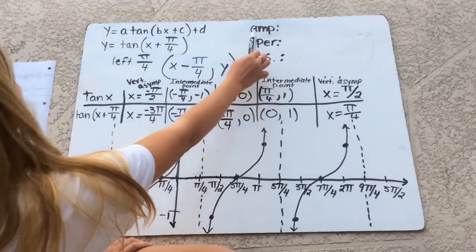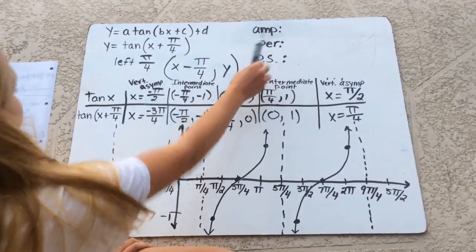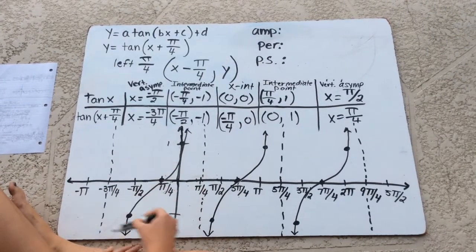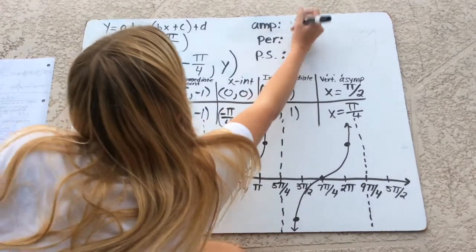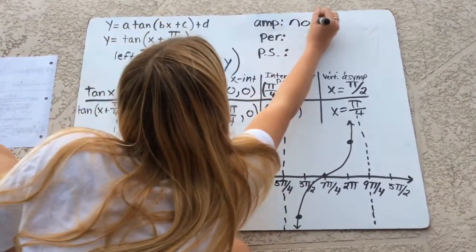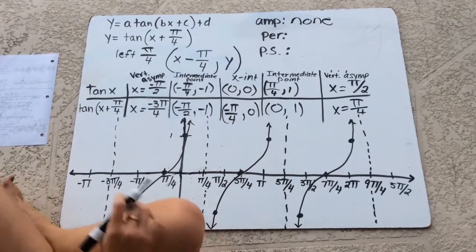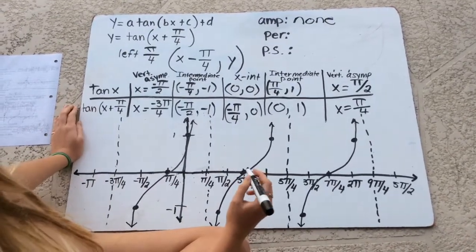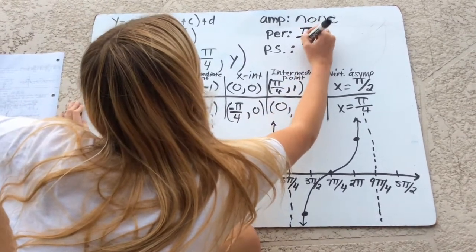The definition of amplitude is half the distance between the maximum and minimum values. Because a tangent graph does not have maximum or minimum values, the amplitude is none. The period of a tangent graph is pi over the absolute value of b.